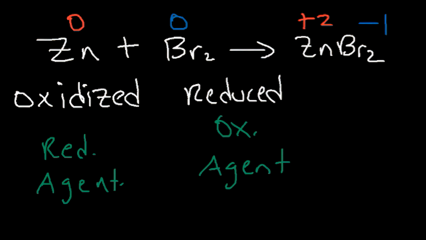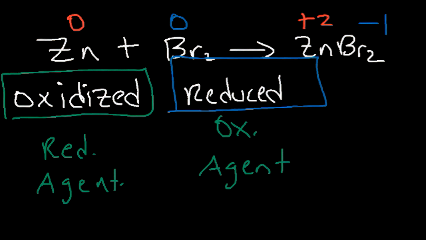Most metals, particularly the active ones, are usually good reducing agents because they like to give away electrons. Non-metals like bromine are oxidizing agents because they like to take away electrons. Whenever a substance gives away or loses electrons, it is oxidized. A substance that receives or gains electrons is said to be reduced.